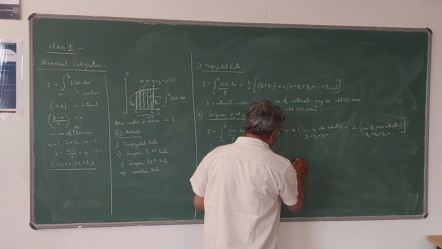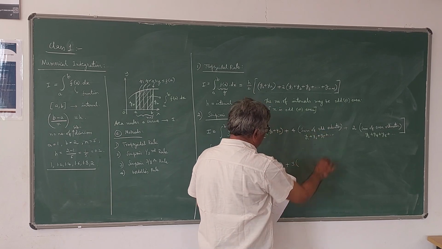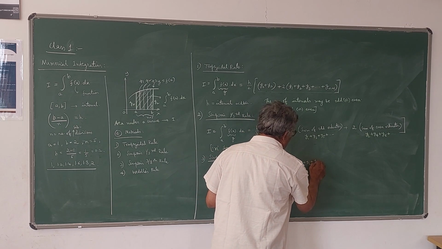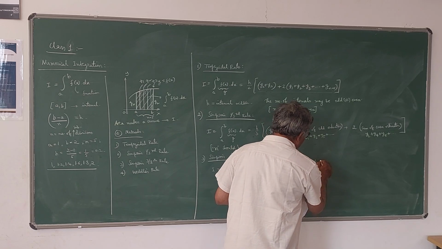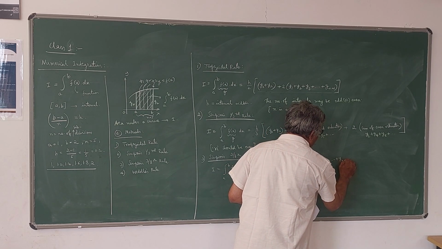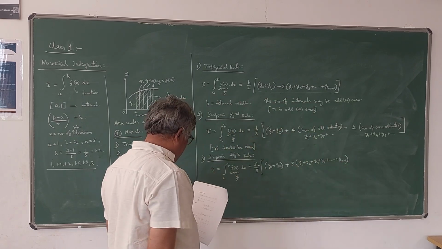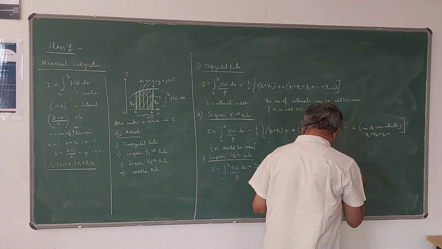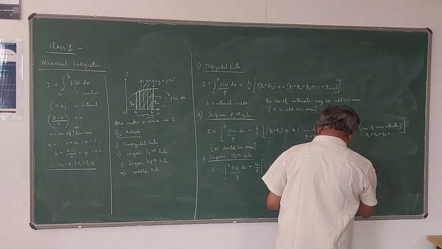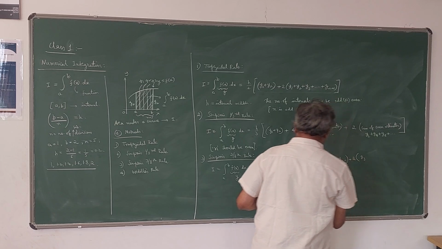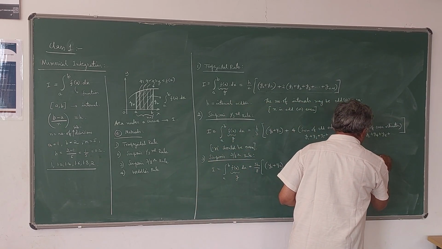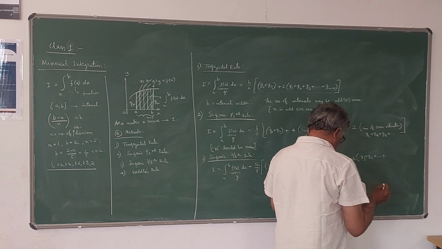Here it is a little different: it is not odd ordinates. It is y1 plus y2 plus y4 plus y5 up to yn minus 1, plus 2 times y3 plus y6. Whatever is not there in the first group, we take as y3 plus y6 up to yn minus 3.